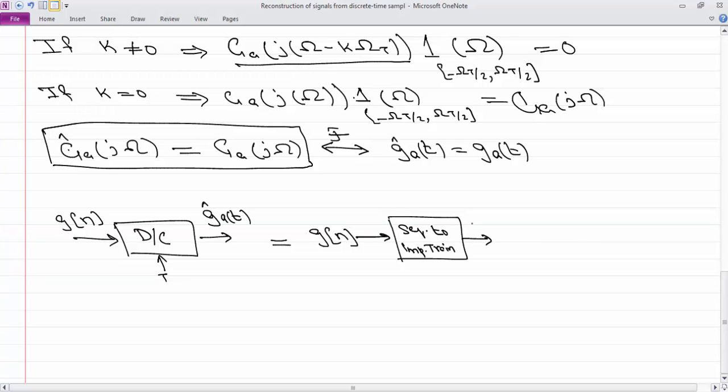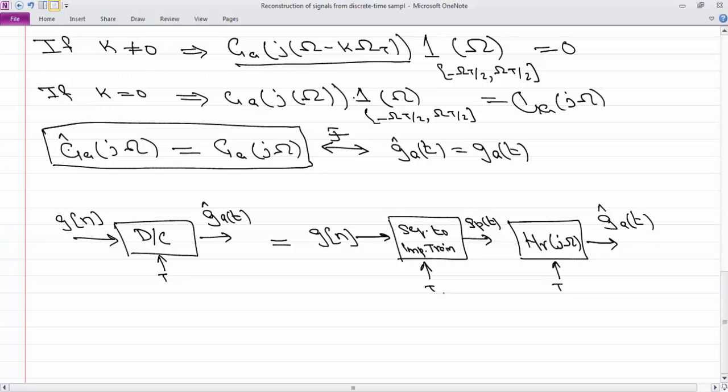You first construct g_P(t), and then you have an ideal low pass filter H_R(jω). And of course, in both these blocks, you need the timing duration, and you get back ĝ_A(t).